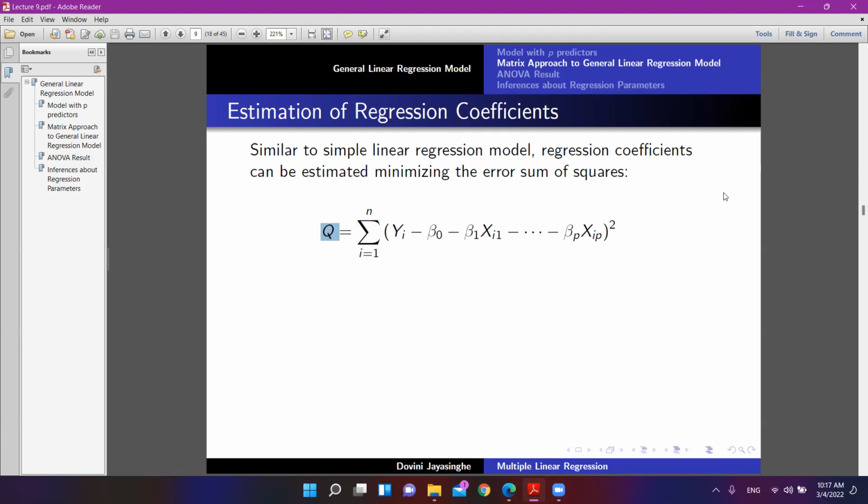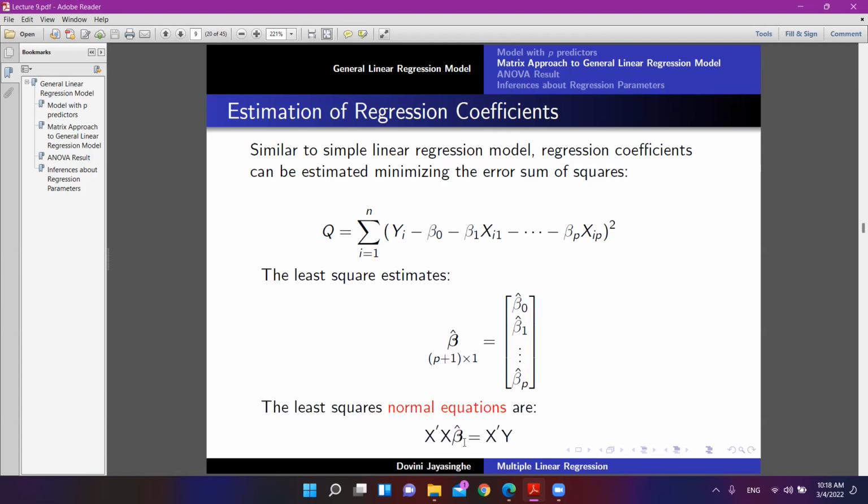So we cannot say the errors should be 0. We are trying to get the error very close to 0. Error 0 means we are overfitting the model. That is not advised. So here we are trying to minimize the error sum of squares. This is how you get the error sum of squares. And when you do the math by using all the matrix derivatives, you can try that.